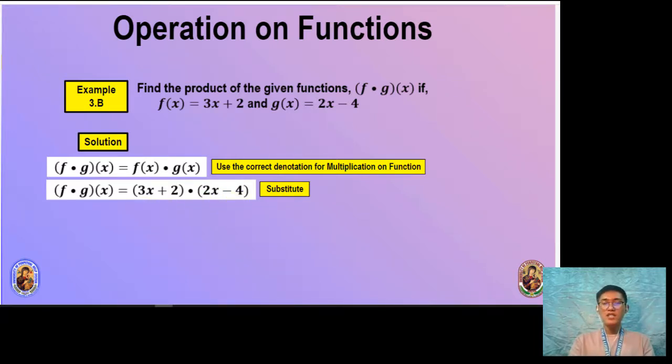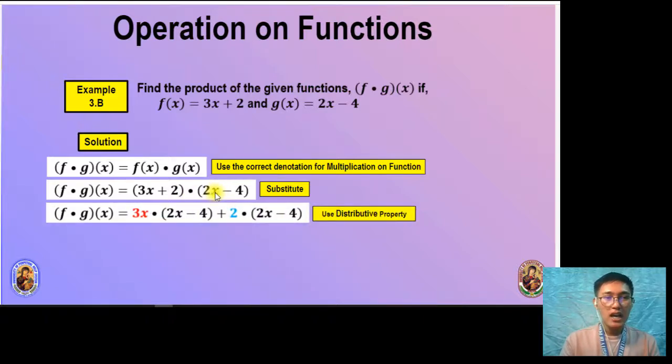And of course, it's our time now to distribute the term, whatever term you want to distribute by distributive property of multiplication. So let's see. According to this part, this 2x minus 4 distributes to each term in this part.